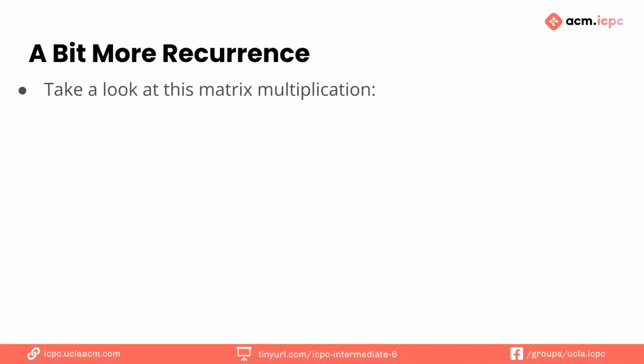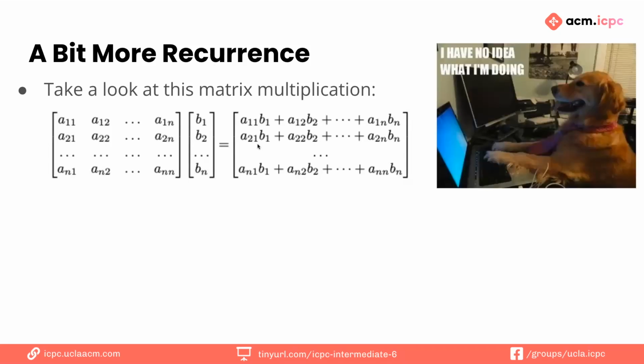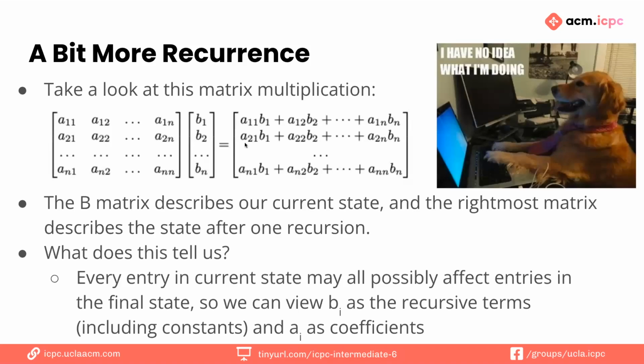Now take a look at this. Take a look at the matrix multiplication. Here, these are two column matrices. And the B matrix here describes our current state, and the rightmost matrix here describes the state after one recurrence.